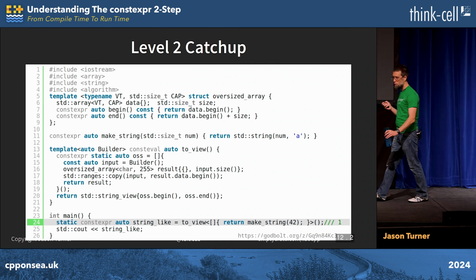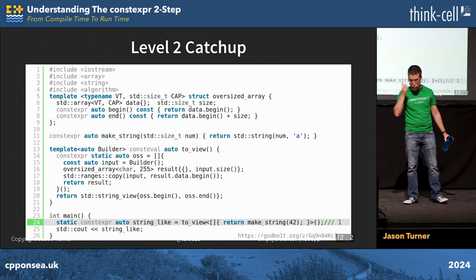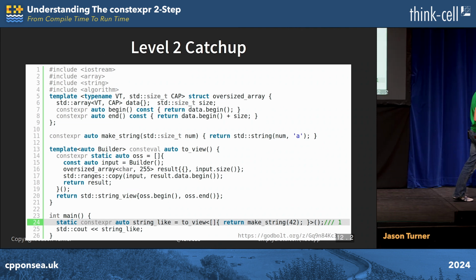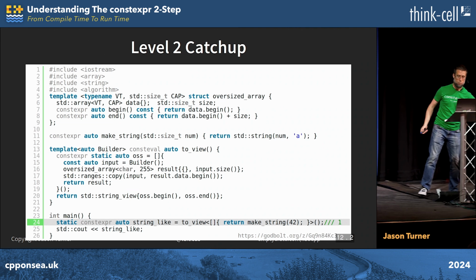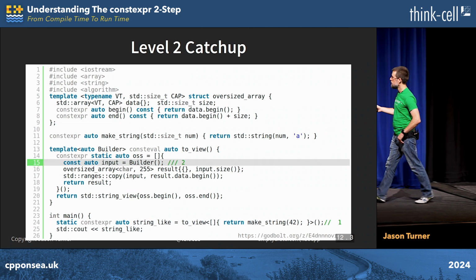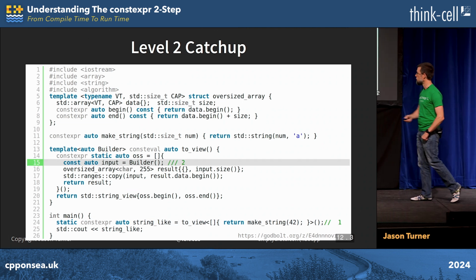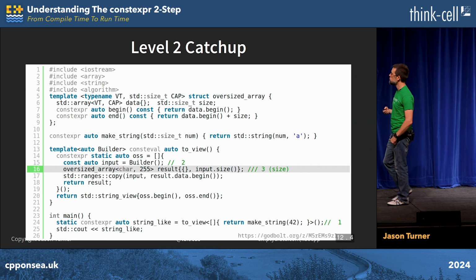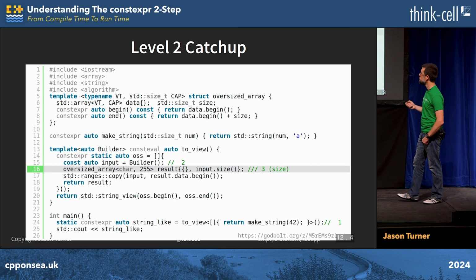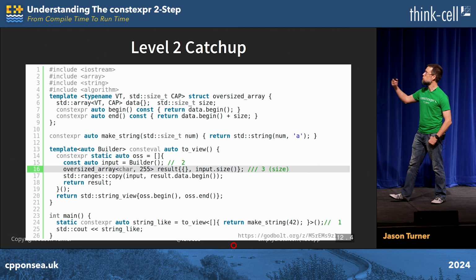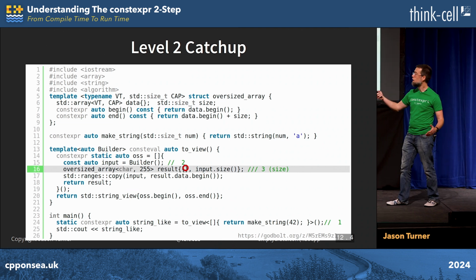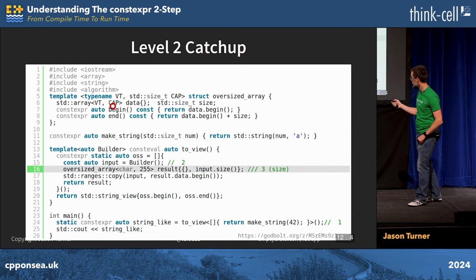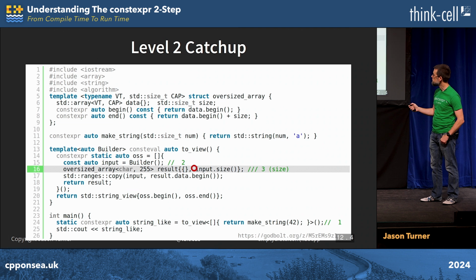All right, so to review, to make sure that we're all on the same page here: step one, I am calling the toView function with the operation that I want to make into a compile time known view. Step two, I actually execute said function. Step three, I create this oversized array, initializing it. By the way, I didn't explain this at all, but again, I'm trying to avoid having too much code on the screen.